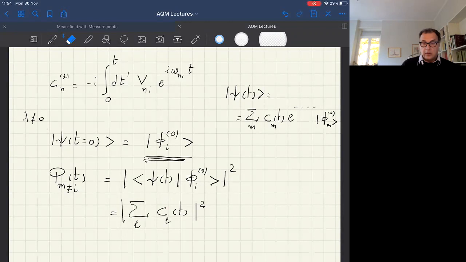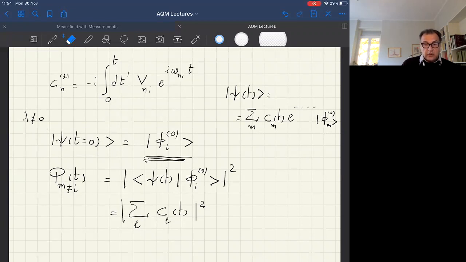Now, what is the solution of this question at first order in perturbation theory?